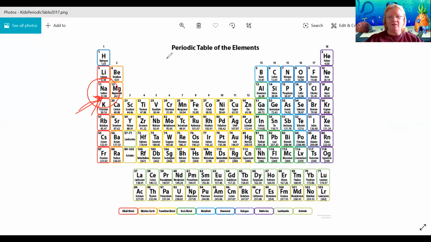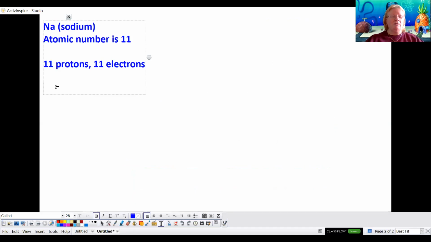So we're going to round that, and hopefully that was semi-easy for you, because 22.99 rounded to the nearest whole number is 23. Okay, so for the neutrons, we take that 23, subtract the protons, and we get 12 neutrons.